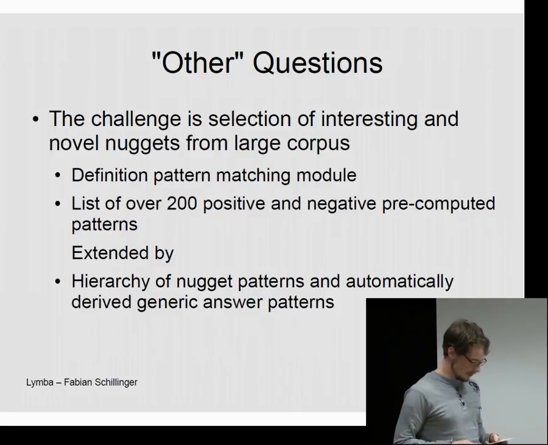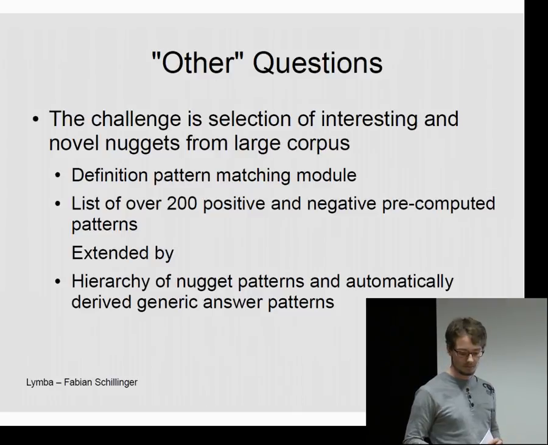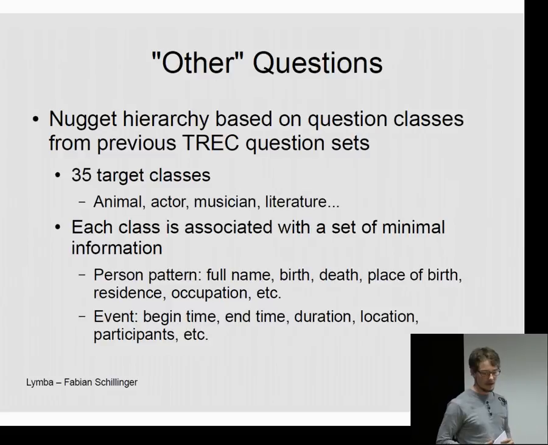These patterns are high precision patterns and indicate information of definitional nature. So the nugget hierarchy is based on the question classes from previous tracks. The track question sets build 35 target classes, for example animal, actor, musician, literature, and each of these classes is associated with a set of minimal information.